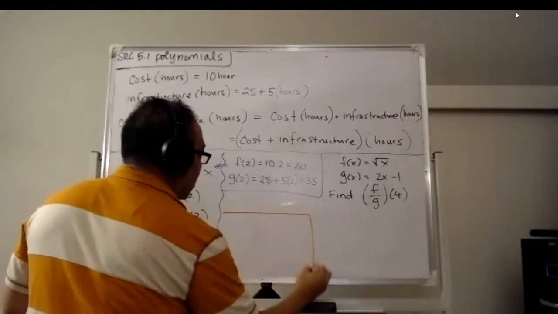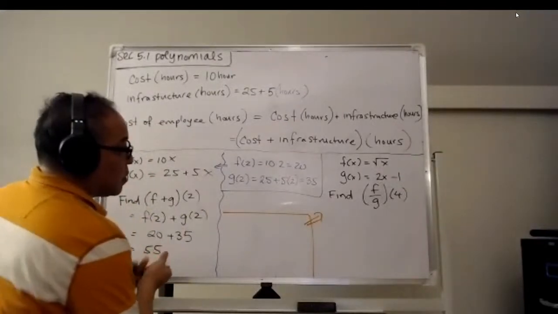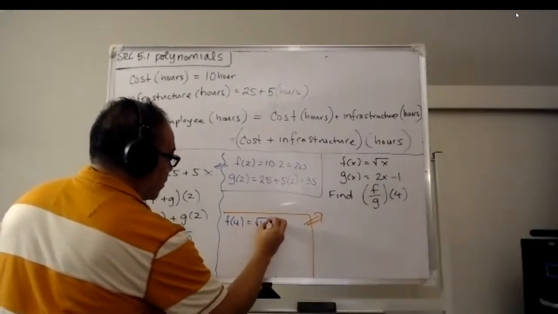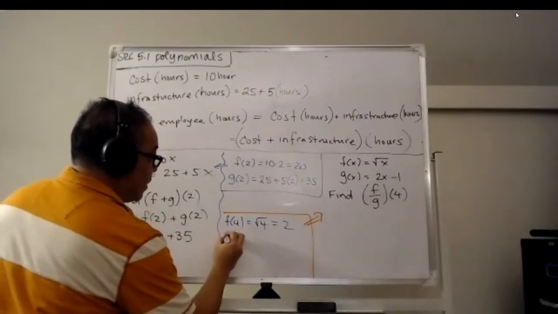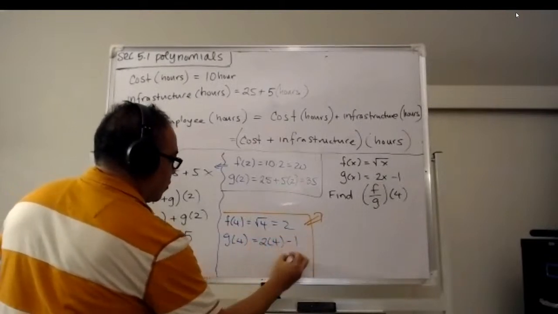So I have f of 4 is equal to the square root of 4, which is equal to 2. Then I have g of 4 is equal to 2 times 4 minus 1.